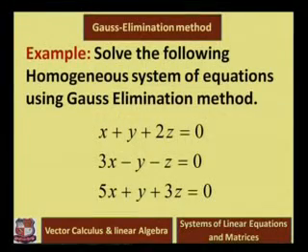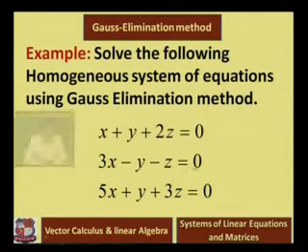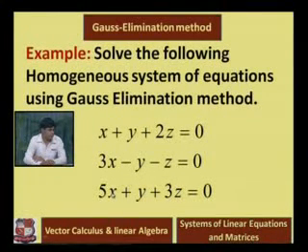Now take one more example of a homogeneous equation. Solve the following homogeneous system of linear equations using the Gauss elimination method. The system is given: x plus y plus 2z is equal to 0, 3x minus y minus z is equal to 0, 5x plus y plus 3z is equal to 0.